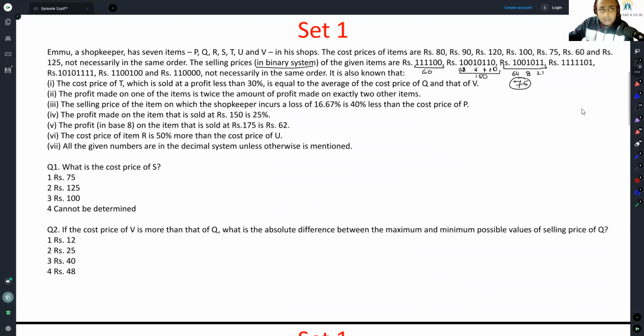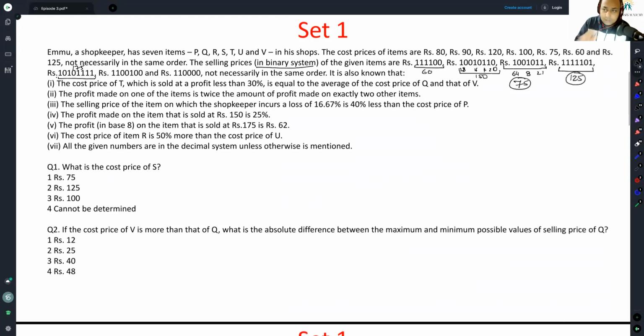If it is 7 ones, then it will be 127, minus 2, so this is 125. Then this one, 1010 is 2 plus 8, 10. 10 into 16 is 160, 160 plus 15. So this should be 175.